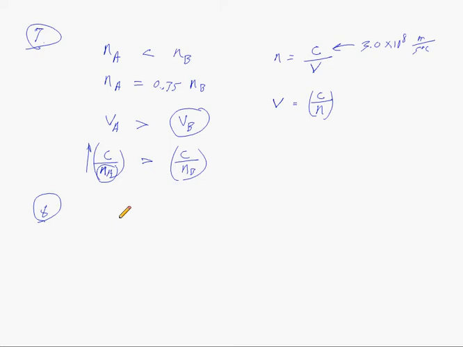So since the index of refraction for B was higher, that means that, in general, the density of B would be greater than the density of A. Okay.